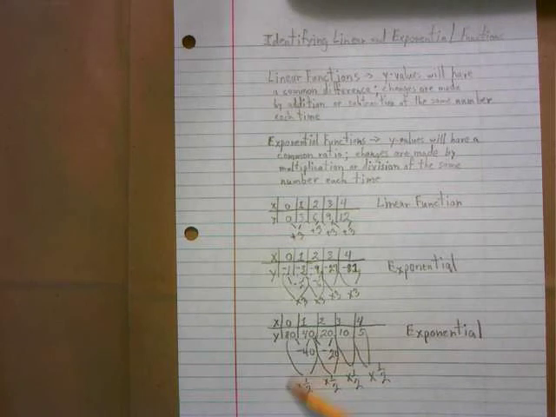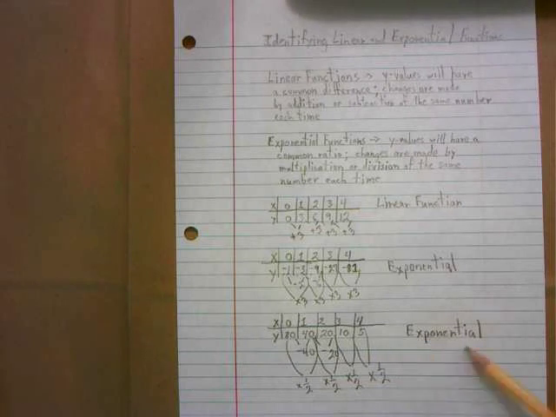And we notice we have a common ratio. To move from one y value to the next, we are multiplying by 1/2 each time. And since we use multiplication or division, this is an exponential function. These xy data points represent an exponential function.